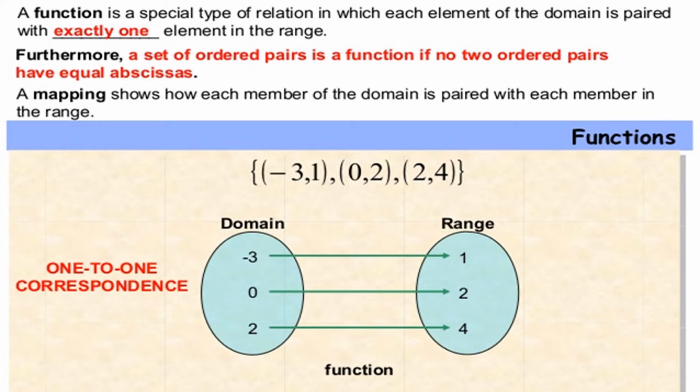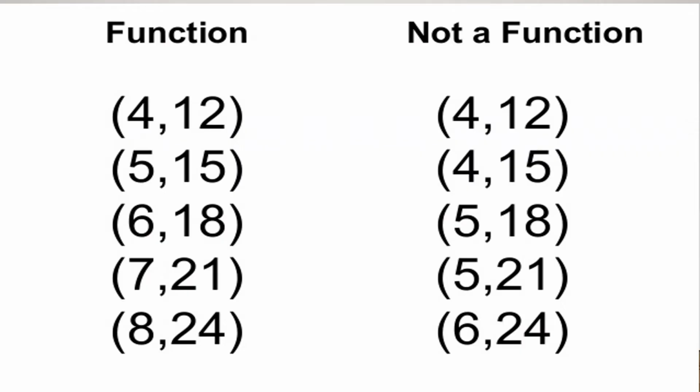Okay? So, here is an example of function by mapping. So, yung ating domain ay hindi po siya umulit, negative 3, 0, and 2. Kaya, one-to-one correspondence. Kaya, siya ay function. So, another example, ang unang given ay function kasi wala pong umulit, no, sa ating x.